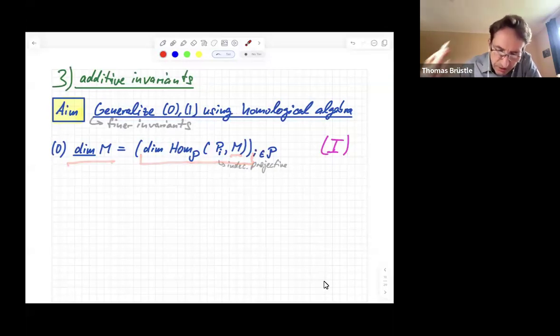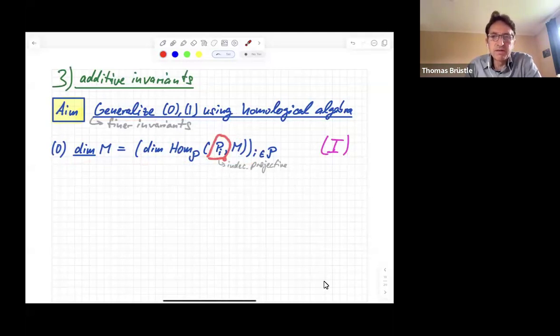And you can see that here we test our module by homming into M from a given set of modules, here the indecomposable projectives. But you could easily generalize this by adding more test modules. So instead of the projectives, you give yourself your favorite set of modules, the injectives, or any other module that you wish to test your given module M with.